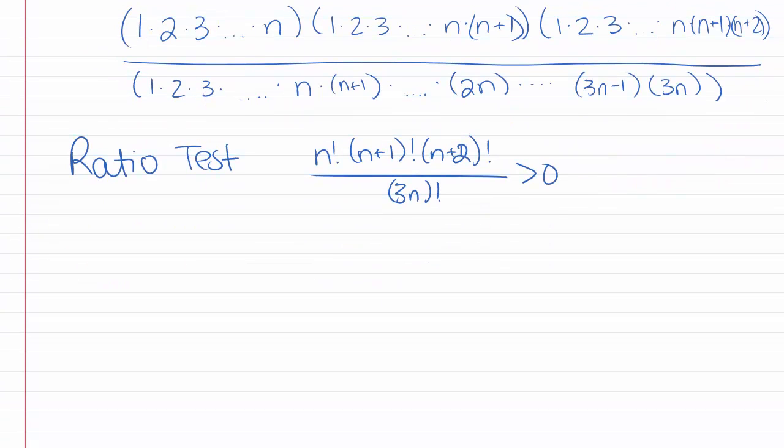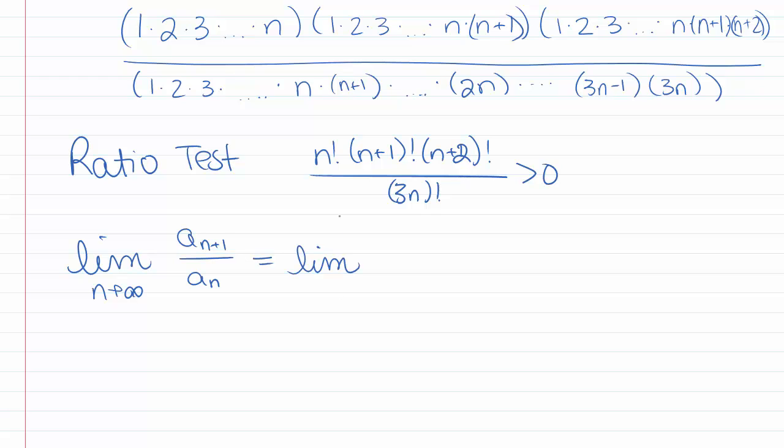Alright, so we want to look at the limit as n goes to infinity of a sub n plus 1 divided by a sub n, which I'm actually going to write with the a sub n already flipped over.